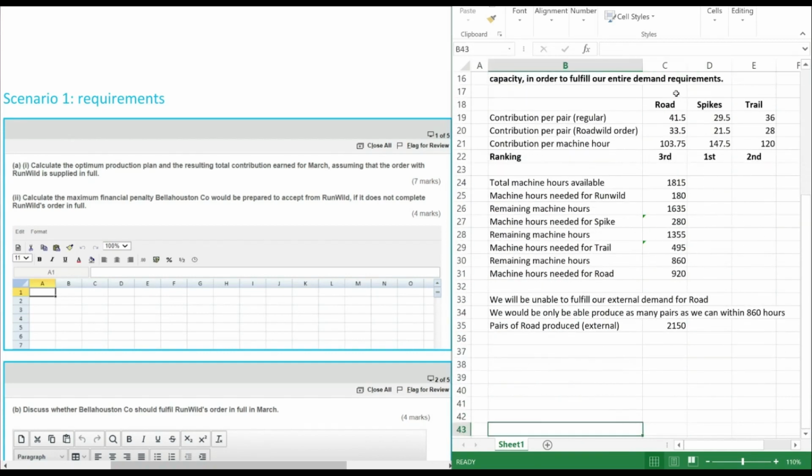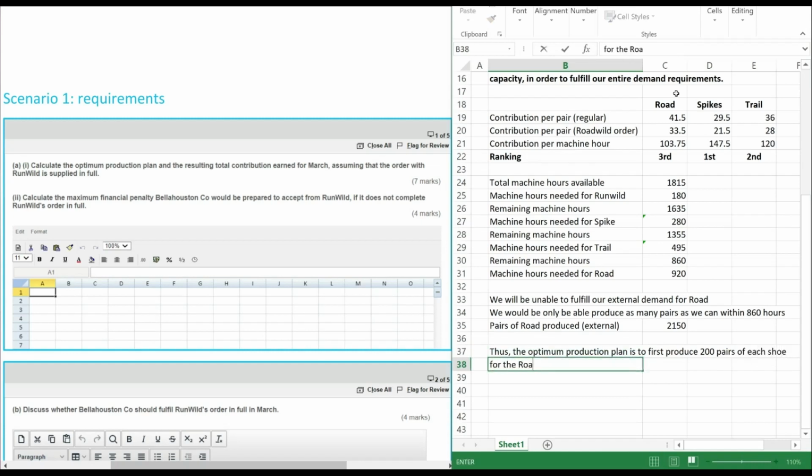So now we can mention our optimum production plan. Thus, the optimum production plan is to first produce 200 pairs of each shoe for the Run Wild order, then we will produce the full external demand for both spikes and trail.